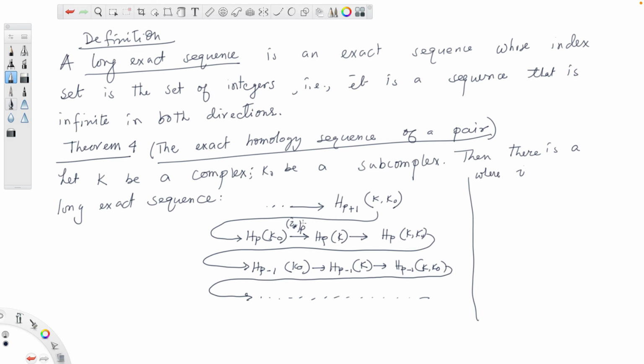When it's between the chain groups, the induced homomorphisms are denoted by I hash and pi hash.